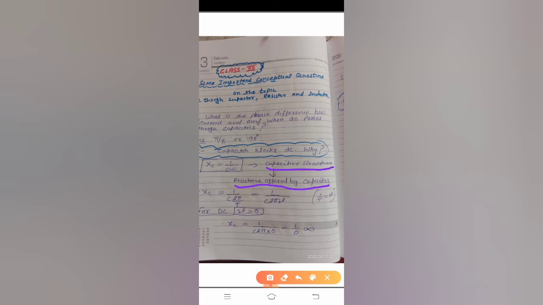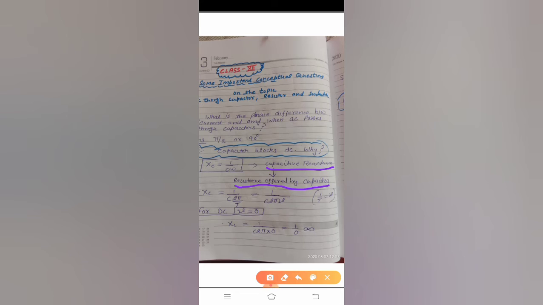Students, the opposition offered by a simple resistor or conductor we have given the name resistance, and when a capacitor is offering resistance, that is known as capacitive reactance and we denote it by XC. Whatever obstruction the capacitor creates to the flow of current, whatever opposition it will apply, that is known as XC. Simply, it is the resistance offered by capacitor.